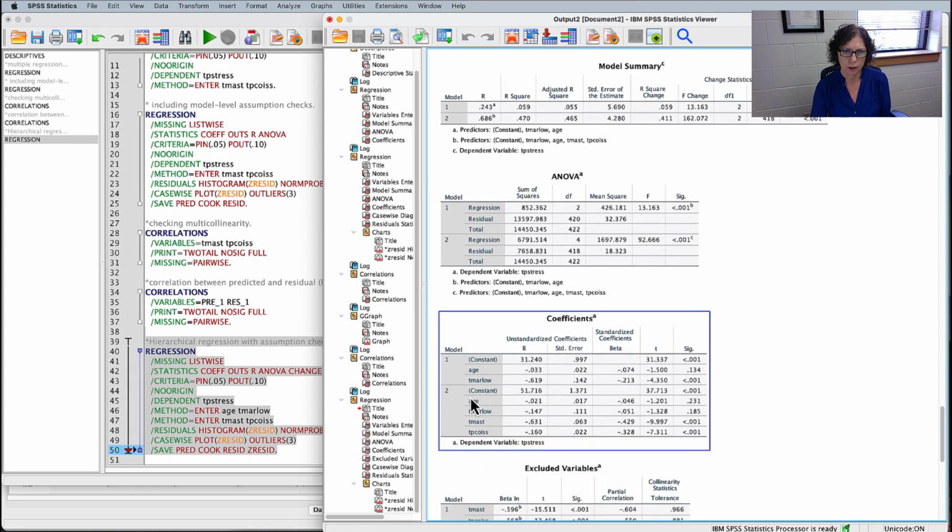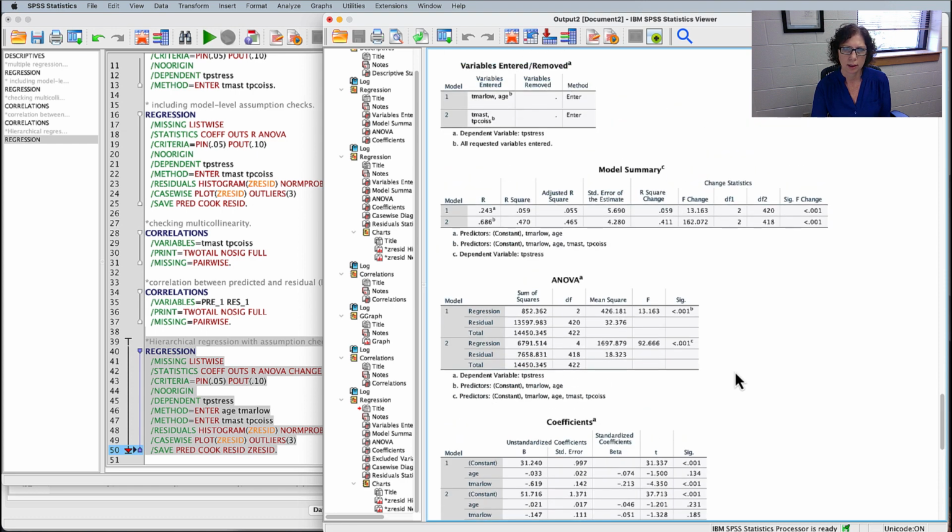For example, on model 2 here in your coefficients table, it had age and T-Marlowe and T-MAST and T-PCOS. Here in the ANOVA table on model 2, we have our F stat. We have that it was degrees of freedom 4 and 418, and it was a significant model.